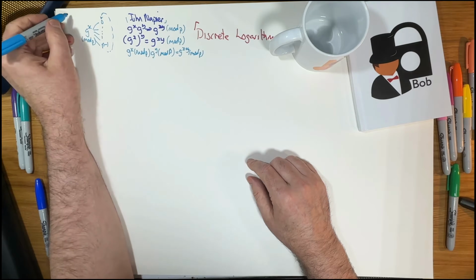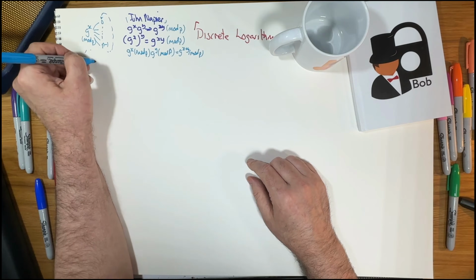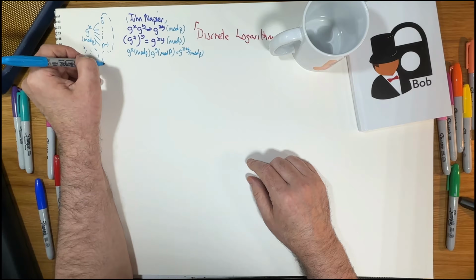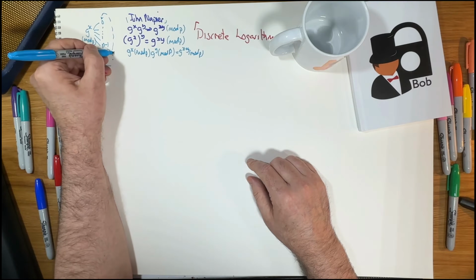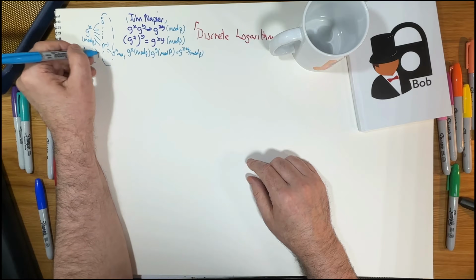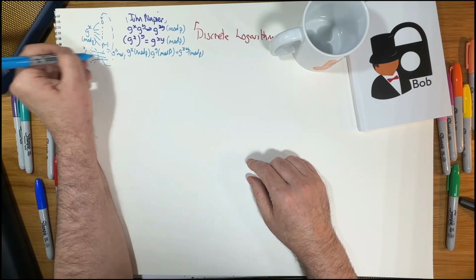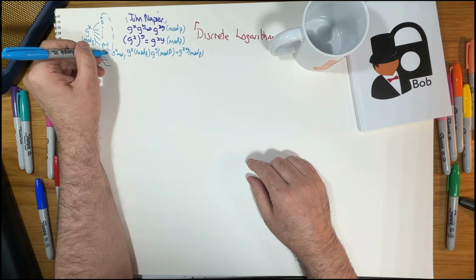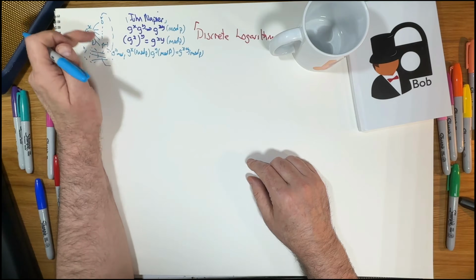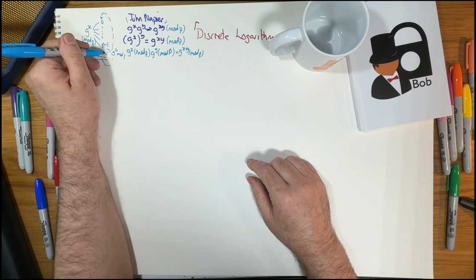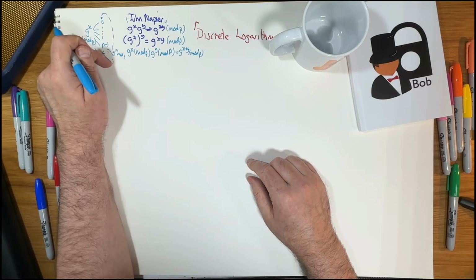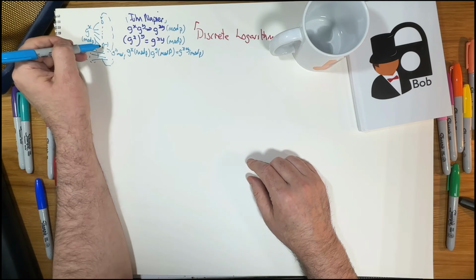Okay, so if we were to draw this as a little set, we'd actually find the values of x will map to g to the power of x mod p. So there would be a direct relationship from the values here into the values here between 0 and p minus 1, and every value will be included in this set here between 0 and p minus 1.